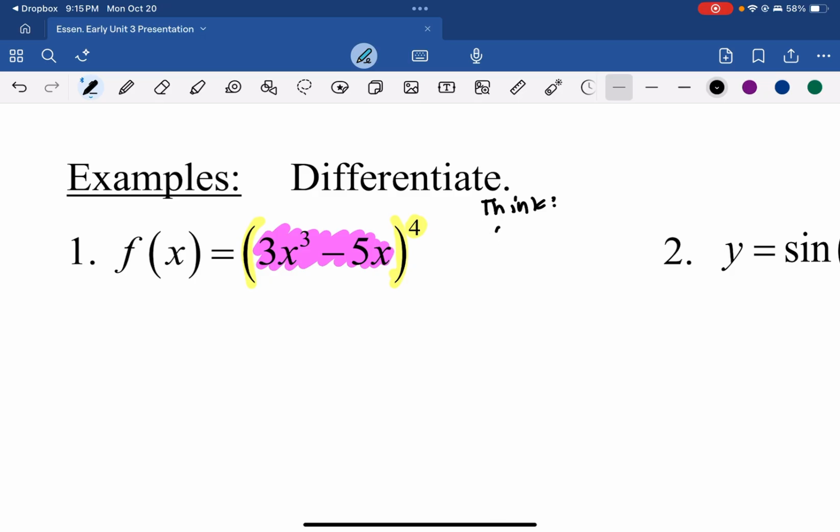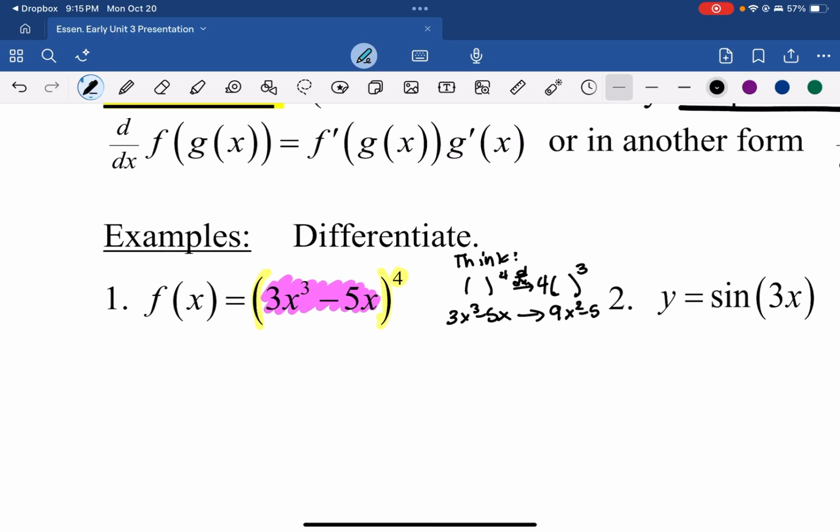If I have something to the 4th, when I take the derivative, that's going to be 4 times that thing to the 3rd power. And for our inside piece, 3x cubed minus 5x, if I take its derivative, I get 9x squared minus 5.